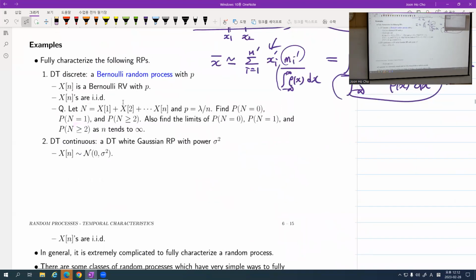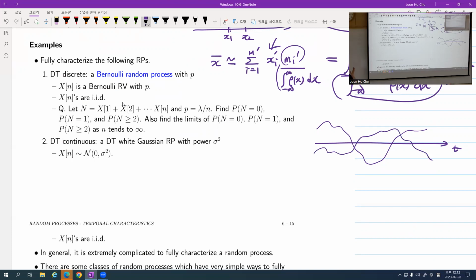So suppose you observe a random process, which means that you observe a single sample path somehow generated. It looks like that. And now in your parallel universe, you observe another realization, and that looks something like that. And in another parallel universe, you observe something like that.